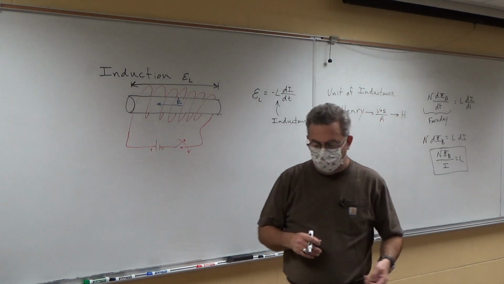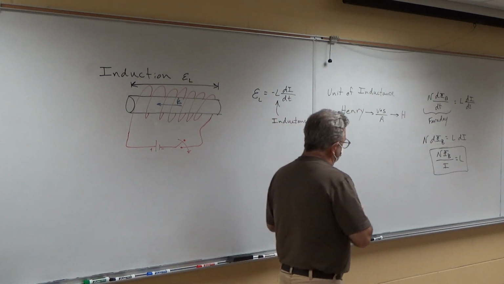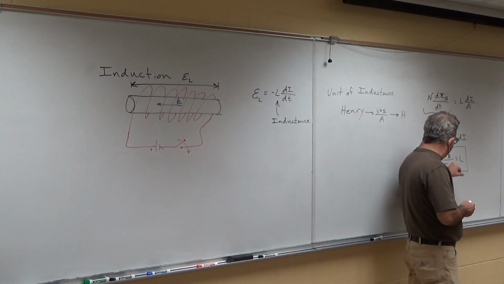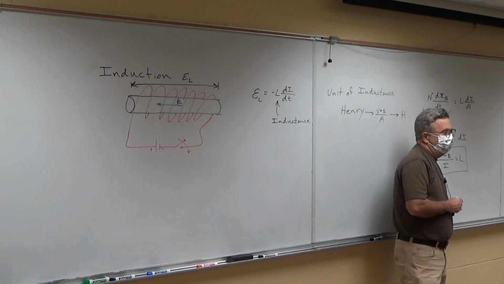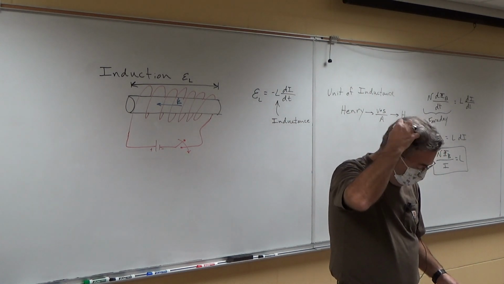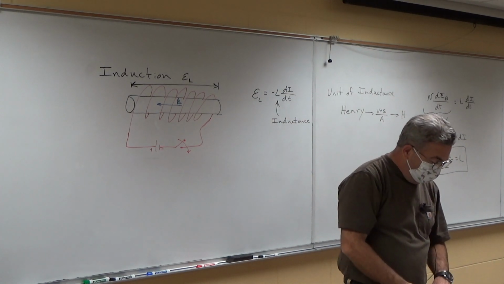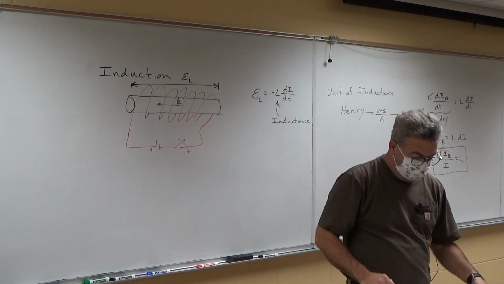I may do some simple problems based on this. But it just says that if you know the flux and the current and the number of turns, that gives you the inductance. Okay. So I want to calculate the inductance for a solenoid, like I've got up here.